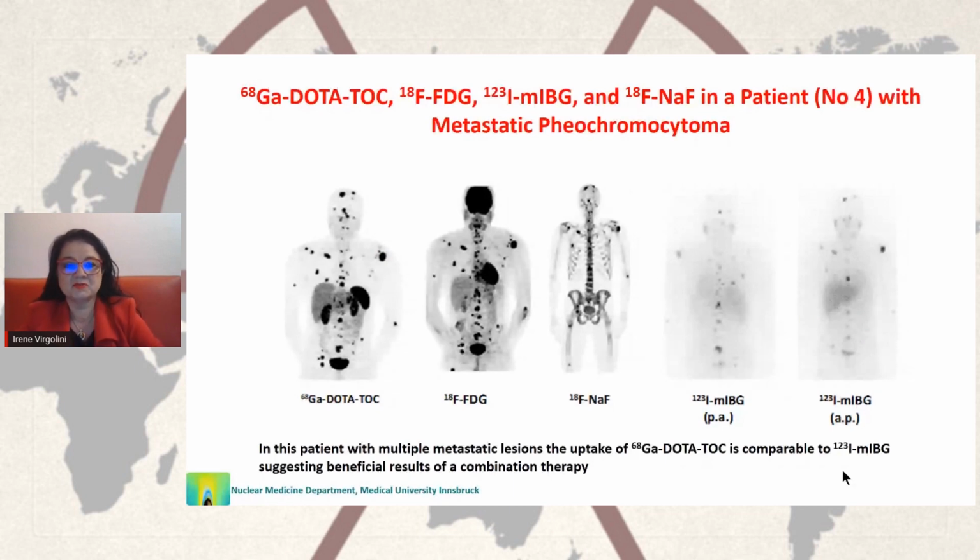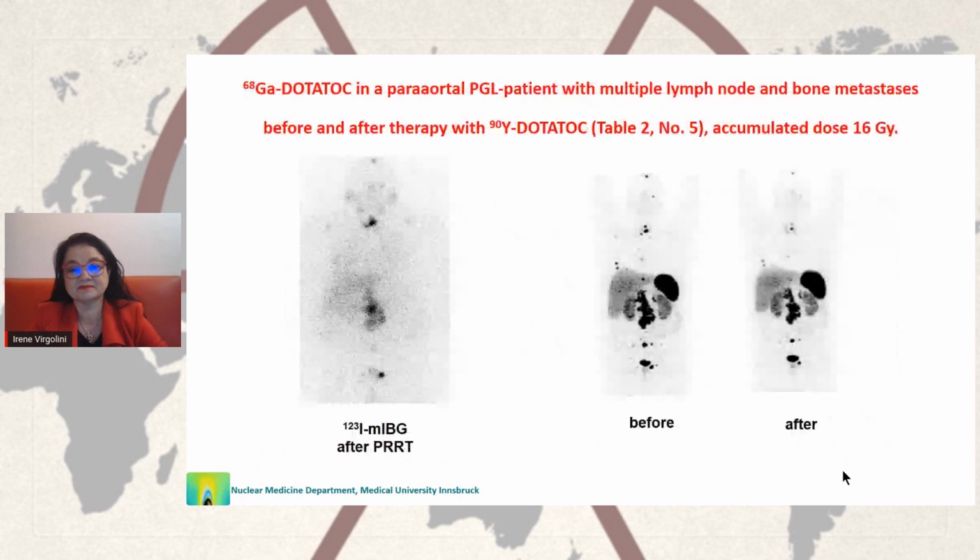Here's another example of a patient with pheochromocytoma. You see positive MIBG images and positive DOTA-TOC images. In such a patient, one may consider the combination of MIBG and Lutathera, for instance. Here is another patient who had paraganglioma, and he was MIBG positive and responded to MIBG treatment initially, and then also had yttrium DOTA-TOC treatment, to which he responded very well.